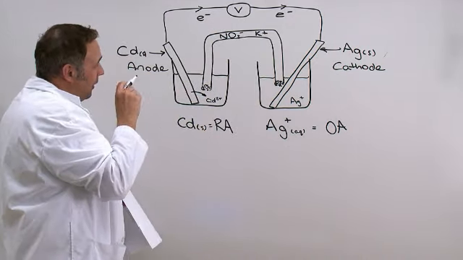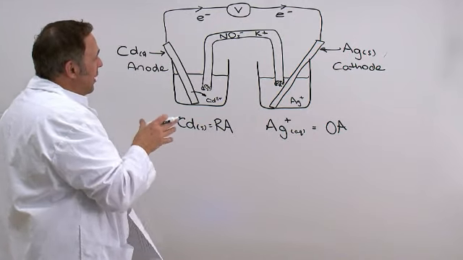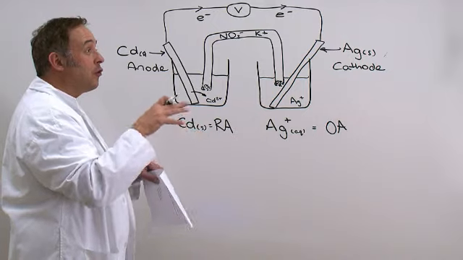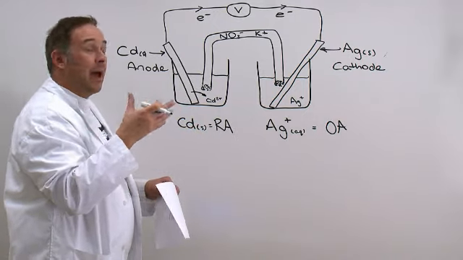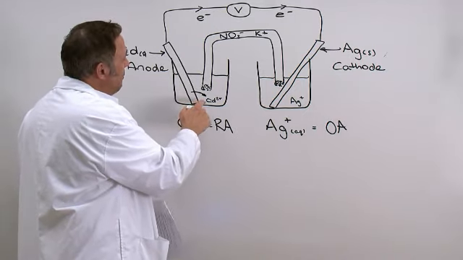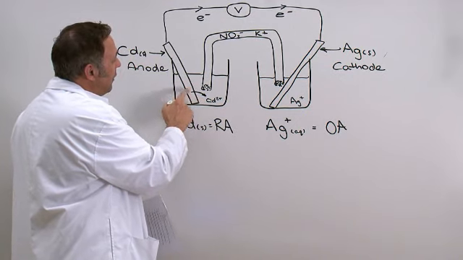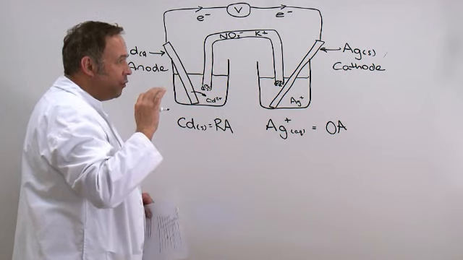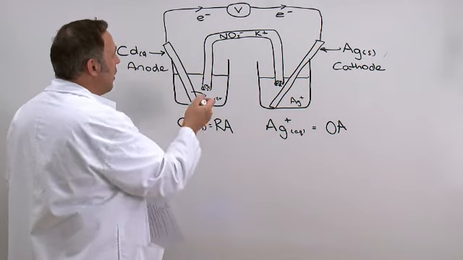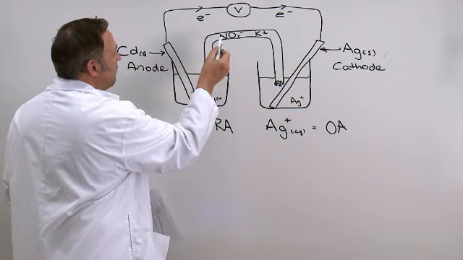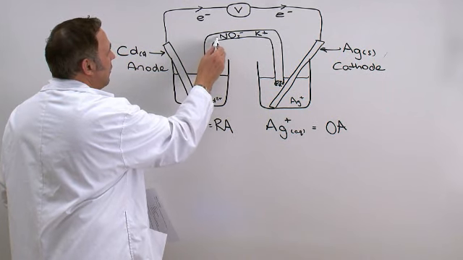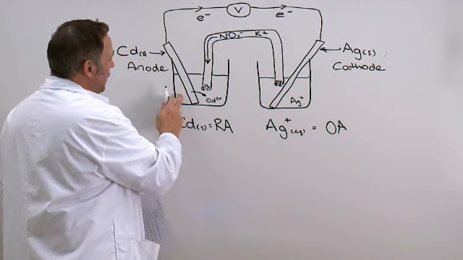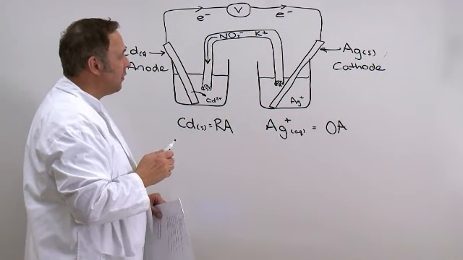Now, the ion flow in the salt bridge is going to be directed toward the side in order to balance charge. I'm going to have an increase in positive charge as cadmium ions increase in the solution here. Now, in order to counter that increase of positive charge, my nitrate ions are actually going to be flowing out and into this solution to balance the charge.